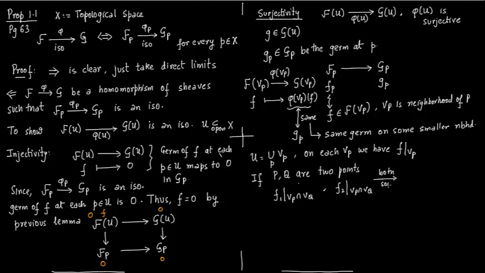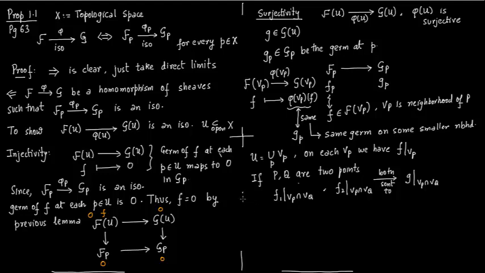So suppose these are two very small things, but both of them are sent to, say, g on V_p intersection V_q. These are two different sections. f1 is one section, f2 is another section, but they are both sent to g.